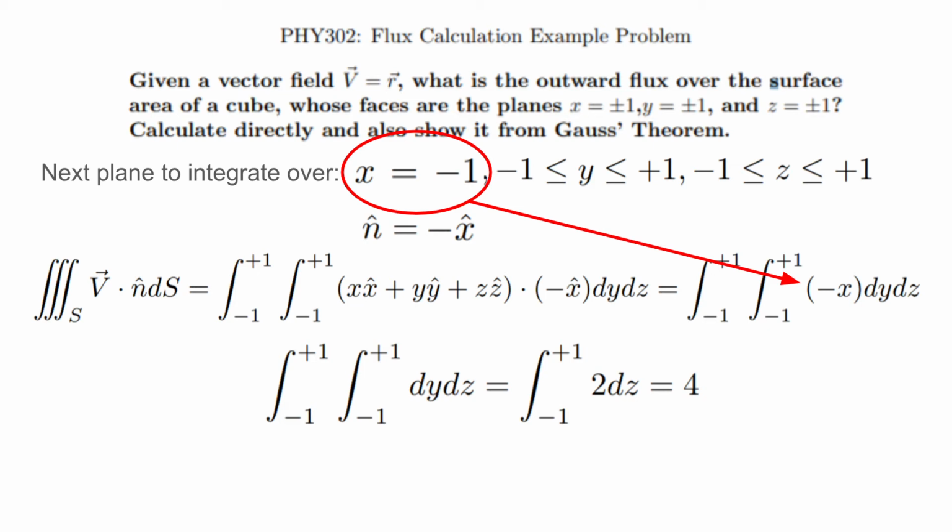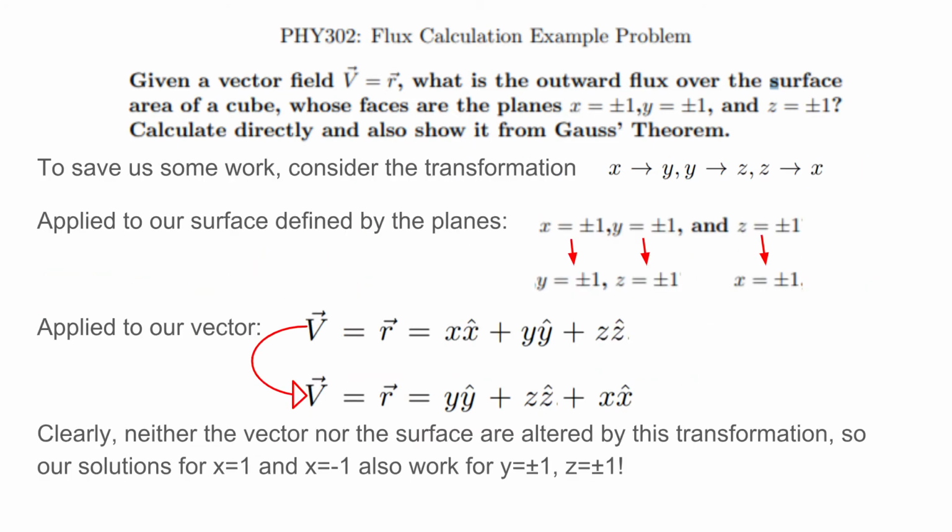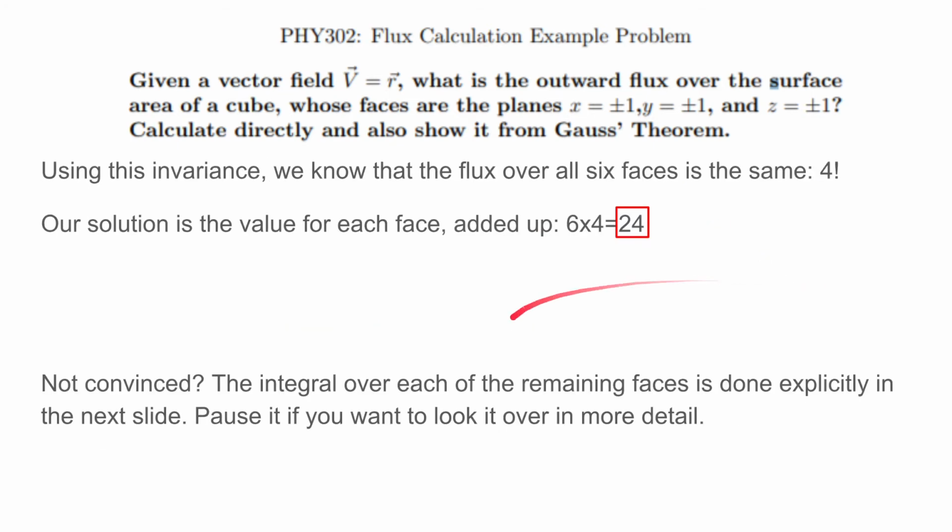Now there's nothing special about those two sides of the cube. If we go back to our initial problem, we see the surface is exactly the same if we switch x to y, y to z, and z to x.